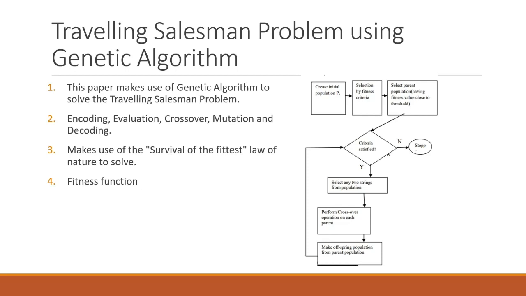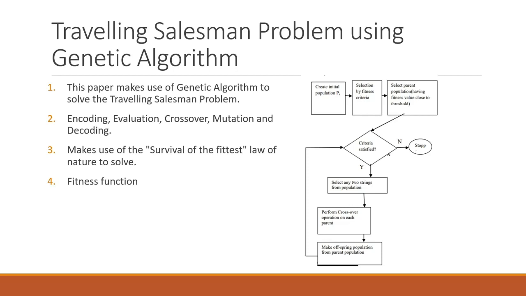Decoding: once all of this is done and a new generation has been formed, the process is repeated until some stopping criteria has been reached, which is either the number of iterations or the time limit. At this point, the individual which is closest to the optimal solution is decoded, and that is considered to be the solution of the problem.